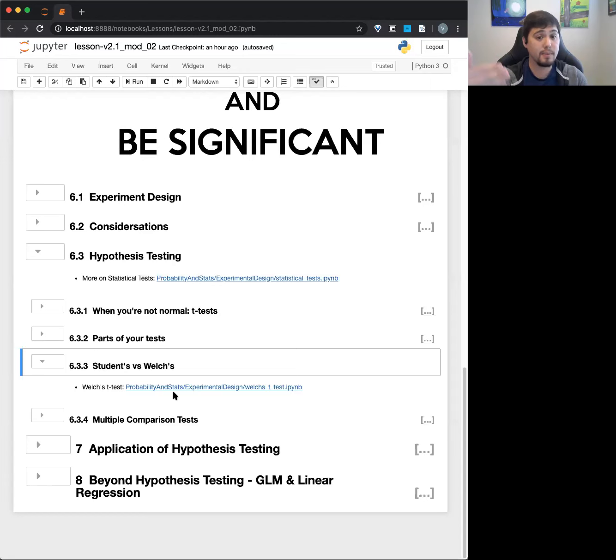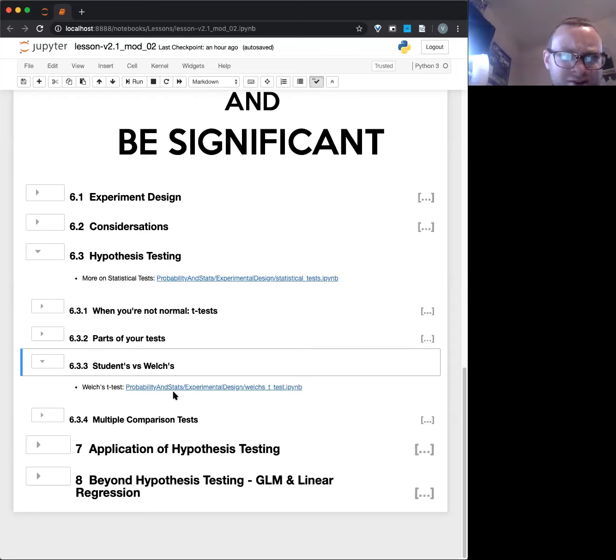For example, what's the biggest assumption difference between Student's t-test and Welch's t-test? What's the big assumption difference? The difference in variances? That's right. And specifically, what about the variance between Student's t-test and Welch's? I think the variance of the t-test is 0.